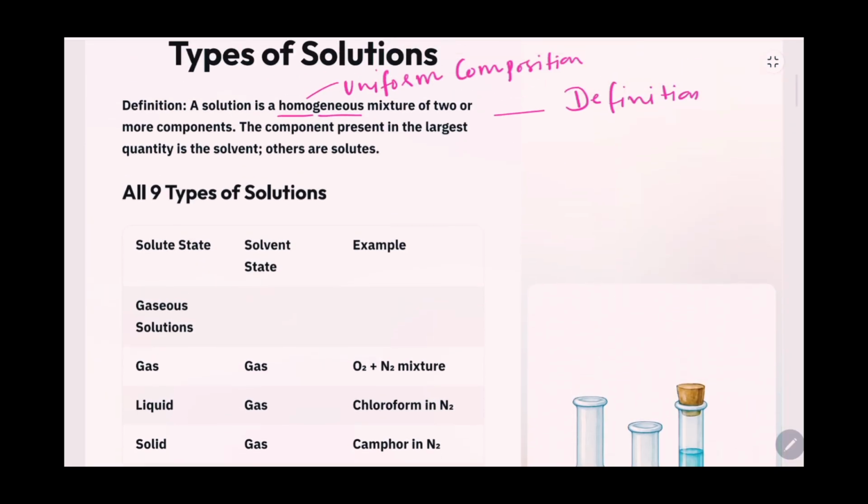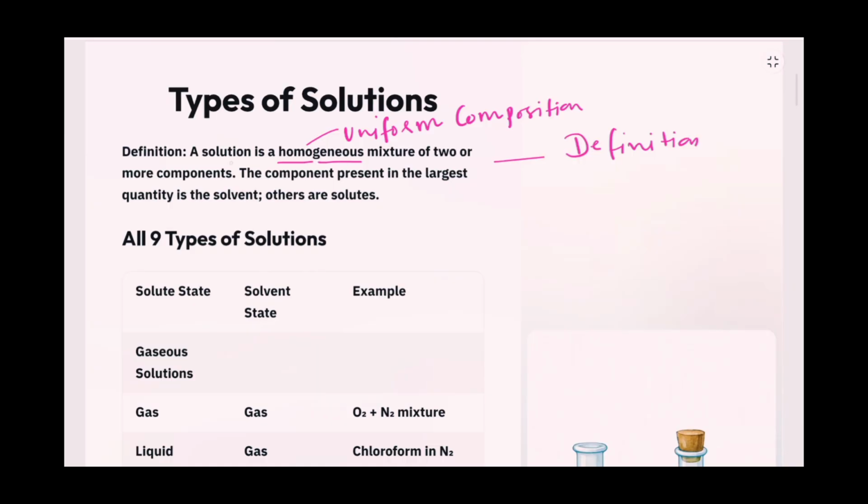So that is uniform. A solution is a homogeneous mixture of two or more components. We already discussed that binary means two. The component present in the largest amount, the greater quantity, is called the solvent, and the one present in the lesser quantity is called the solute.